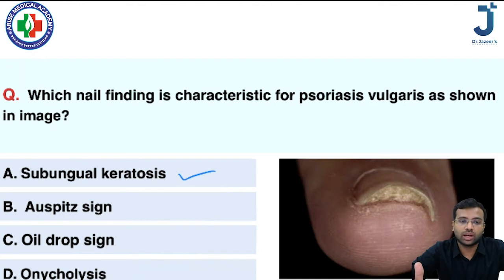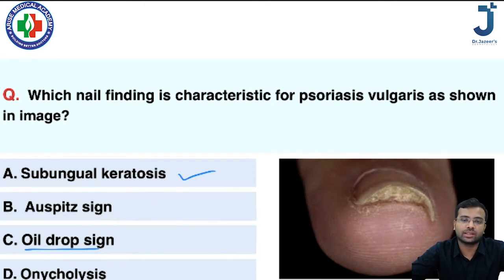Auspitz sign is already discussed in the previous question, where you scrape off the skin till you find some bleeding points. Then there were oil drop sign and onycholysis. Please remember, oil drop sign, onycholysis and subungual hyperkeratosis are all seen in psoriasis vulgaris.